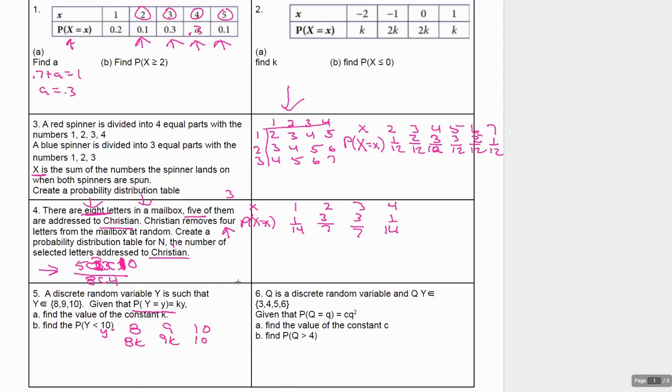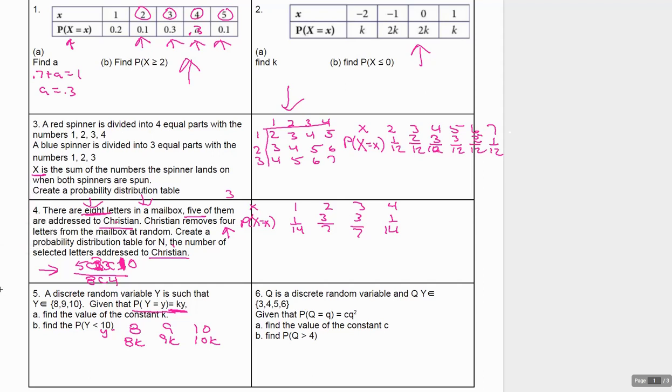Okay. So what happens is, by giving you this formula, it's just turning it into the problem like number 1 or number 2, where you've got to find out what k is, and then consequently what the probabilities are. In this case, 8 plus 9 plus 10, that's 27. K is equal to 1.